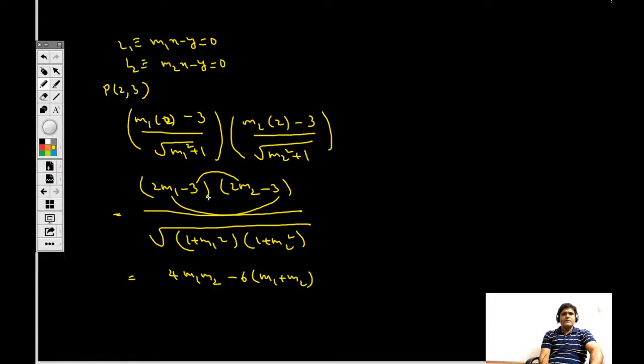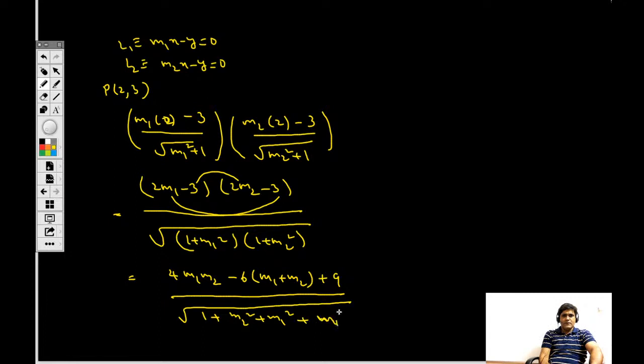The remaining is minus 3 into minus 3, that is plus 9, over this, which equals 1 plus m1 square plus m2 square plus m1 square into m2 square.